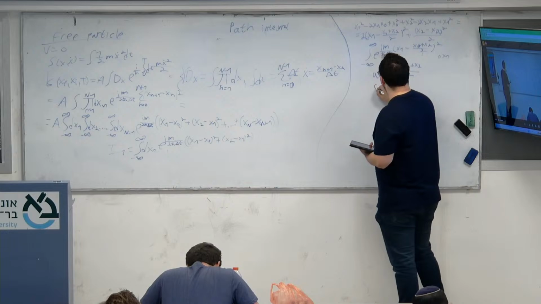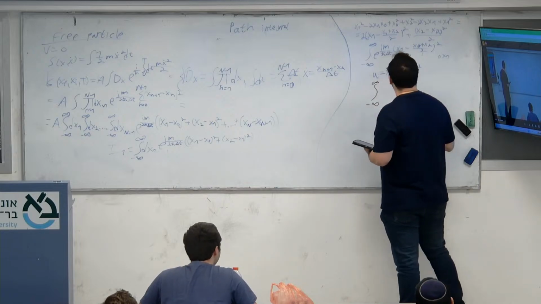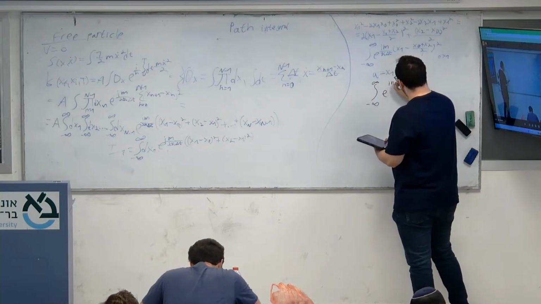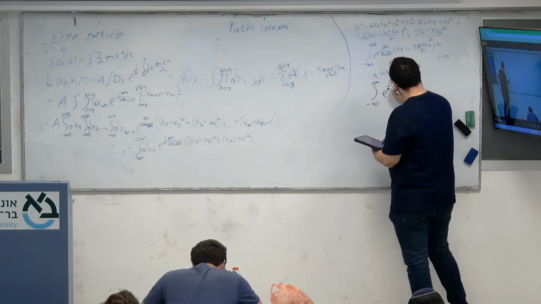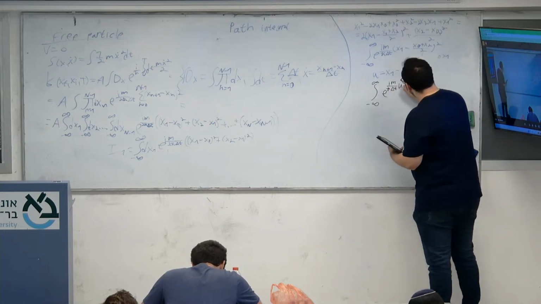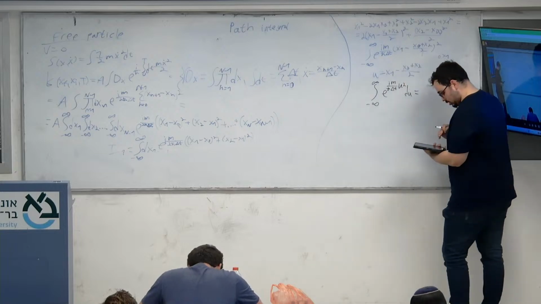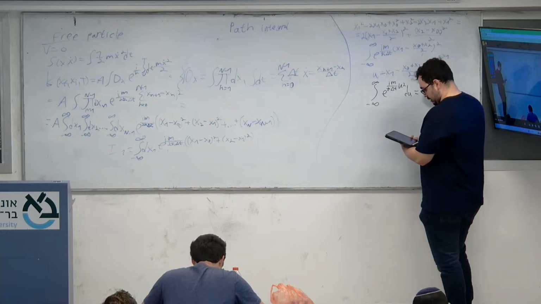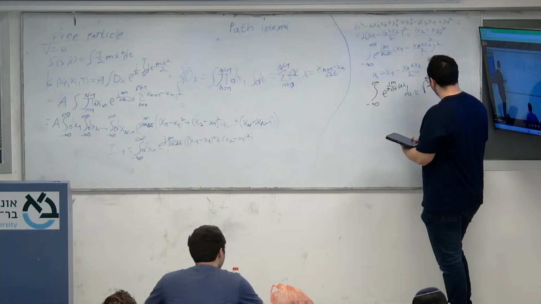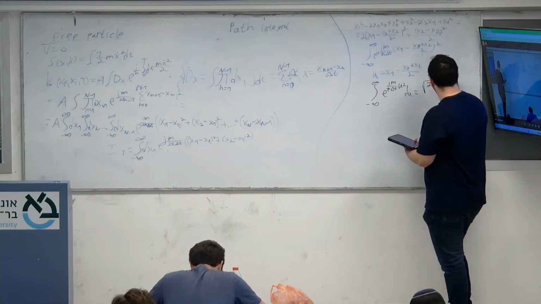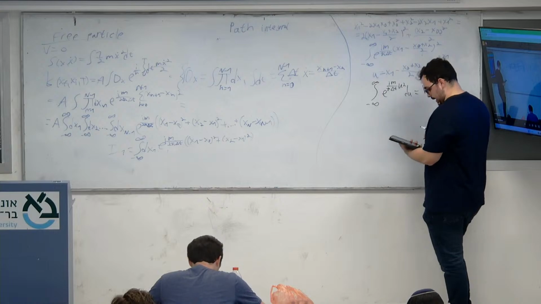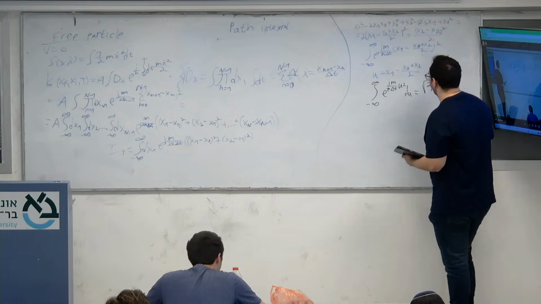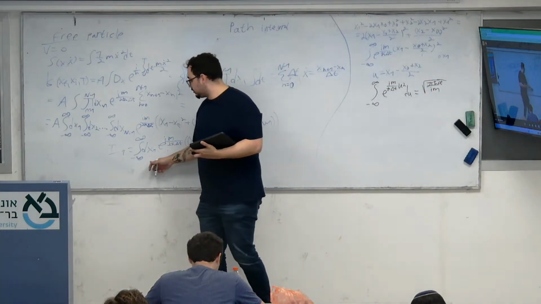So this integral is just an integral from minus infinity to infinity of e to the power of i m over h bar delta t u squared du, which is equal to the square root of pi h bar delta t divided by i m. Okay, so that's the solution for I1.